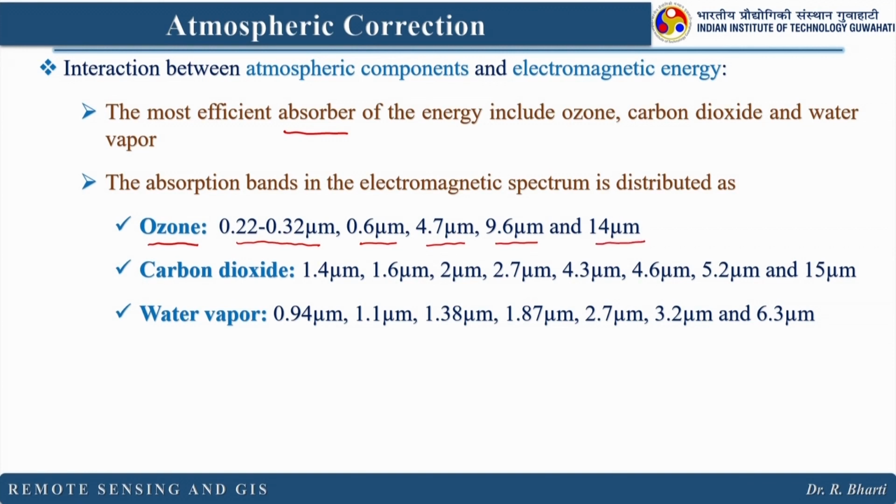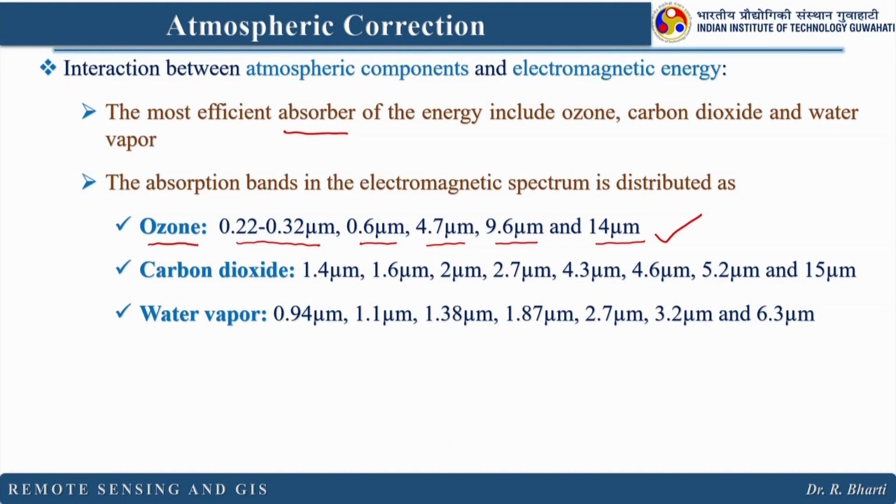If you have a satellite which is sensitive in these wavelength regions, then you can easily find the signature or the presence of ozone in our atmosphere, because in these regions ozone gives its own characteristic absorption feature or interaction signature.